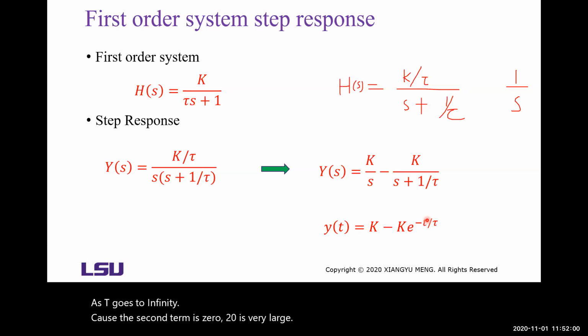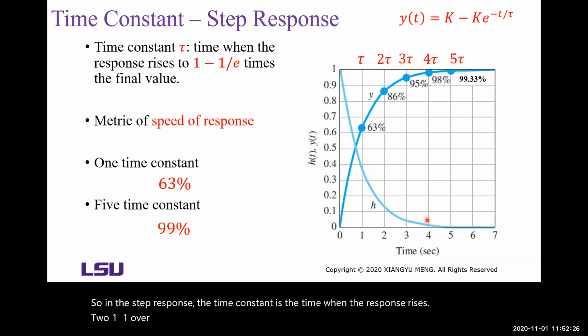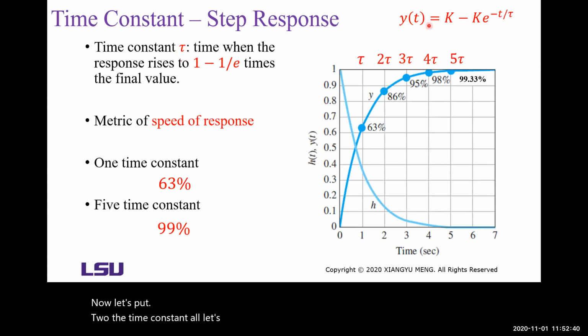Similarly, we can define the time constant. In the step response, the time constant is the time when the response rises to 1 minus 1 over e times the final value. Now let's put t equal to the time constant tau and see the value of the output y(t).